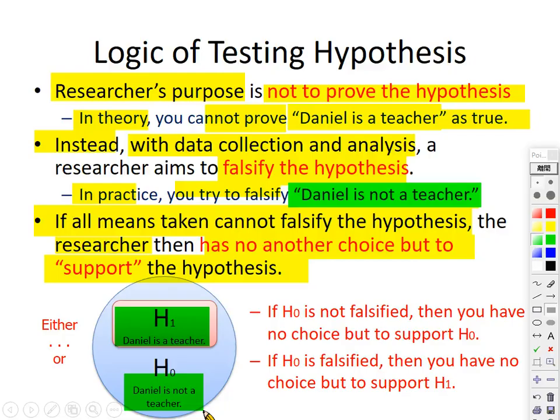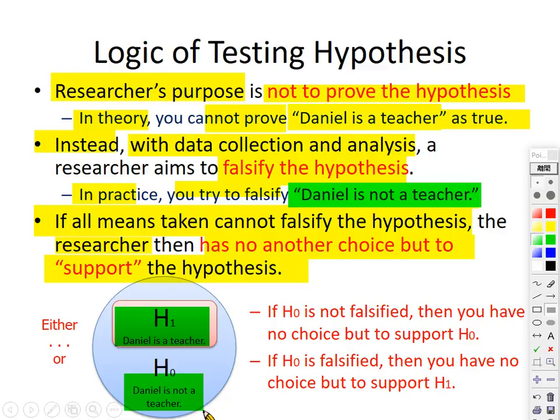For example, President Margaret Chan, 我们的校长, she tried to falsify. She tried to identify whether Daniel is a teacher or not. So basically, she is trying to attack the alternate hypothesis, Daniel is not a teacher. So she tried to collect data.